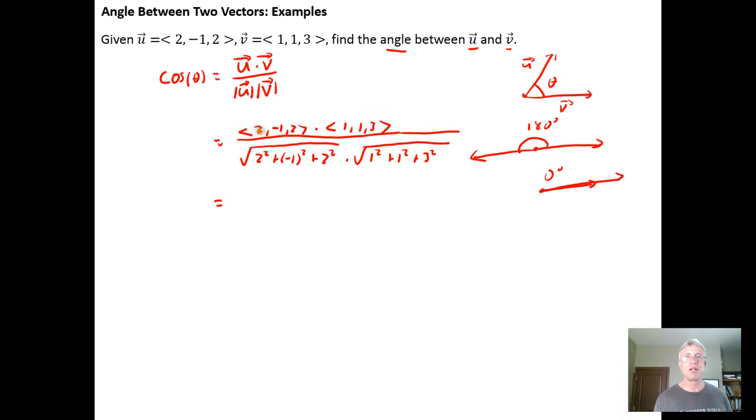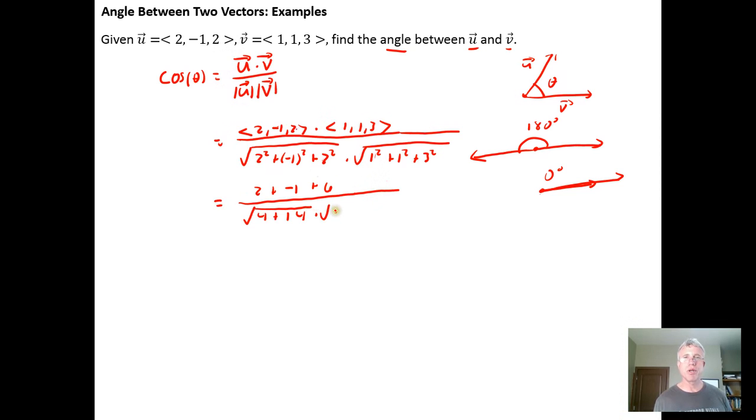So the dot product here, we get 2 times 1 plus negative 1 times 1 plus 2 times 3, all over the square root. We get 2 squared is 4 plus negative 1 squared is 1 plus 2 squared is 4, times the square root.